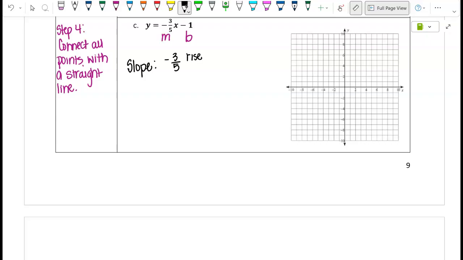Again, we still use the word rise there, even though we're actually going to be falling because of that negative, but we'll come back to that. And then our y-intercept is negative 1, which is the ordered pair 0, comma, negative 1.